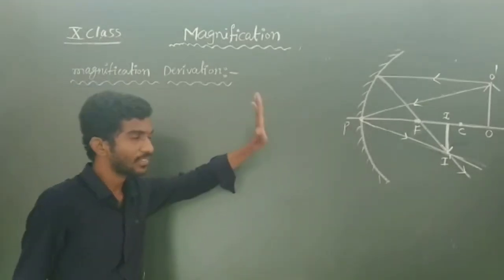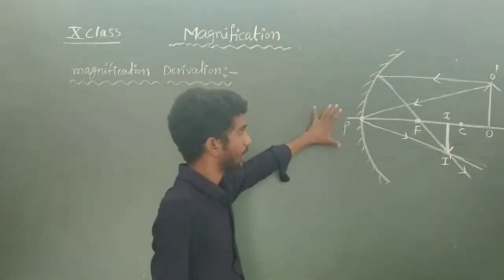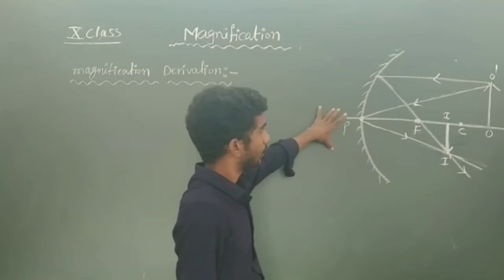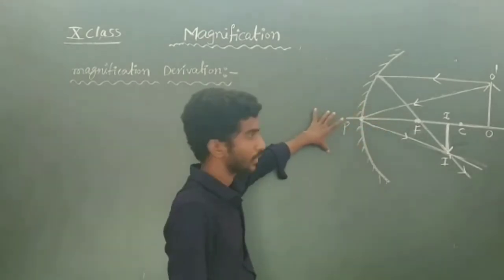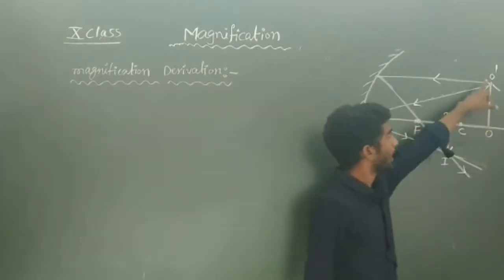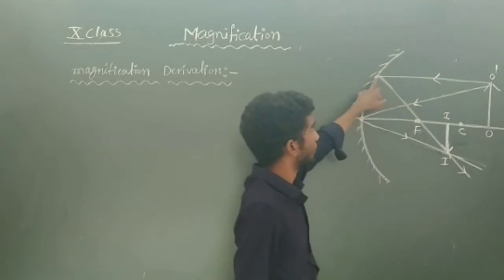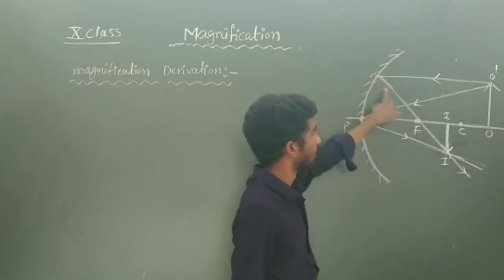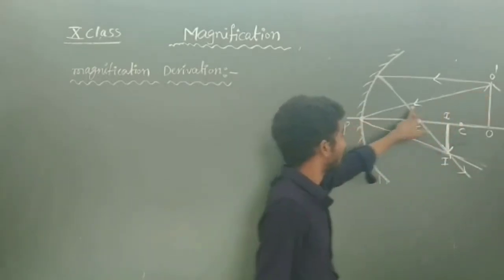First of all, look at the diagram. It is a concave mirror. For example, the object is positioned in front of the concave mirror. O dash is an object. The light rays coming from the object are incident on the concave mirror and after reflection pass through the focus.